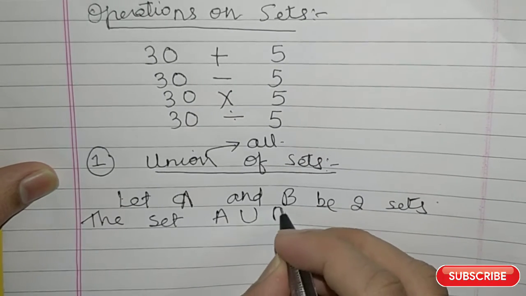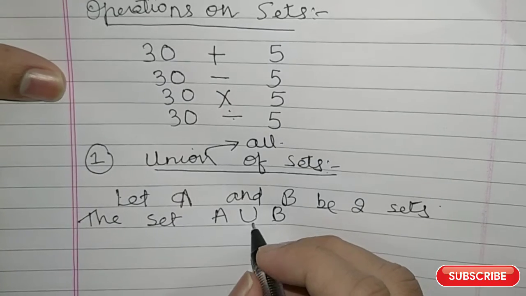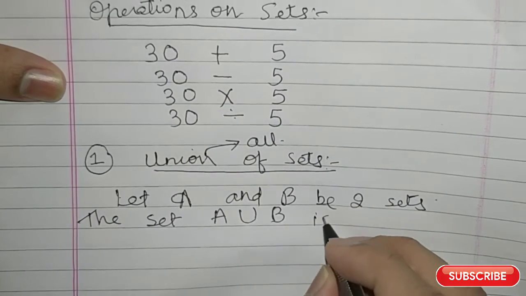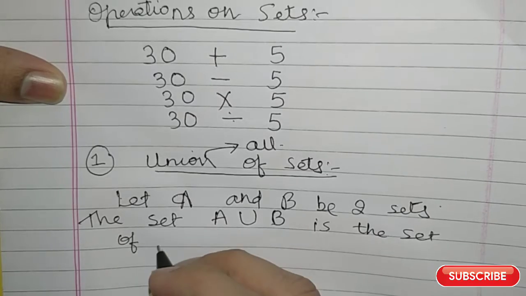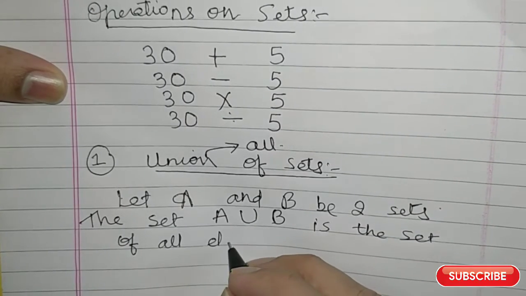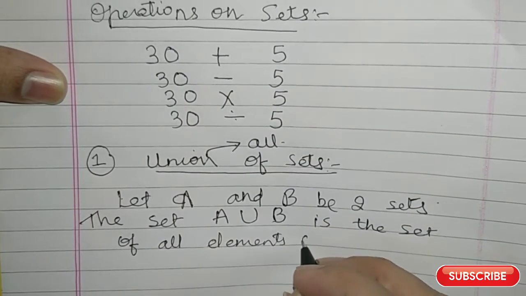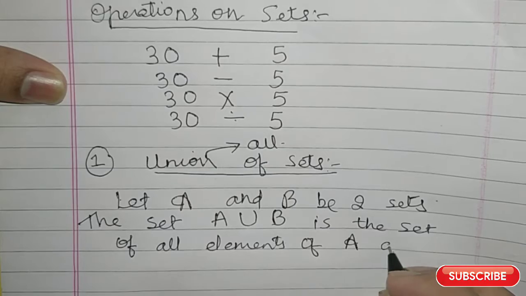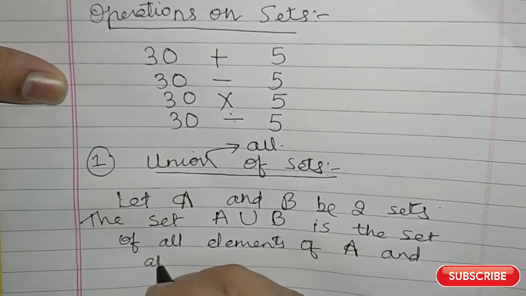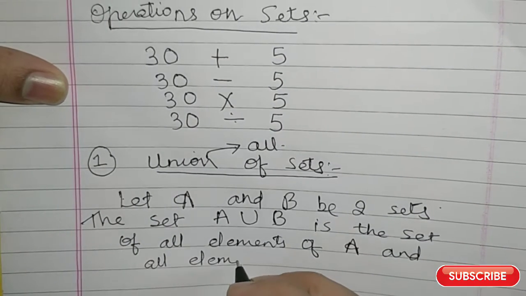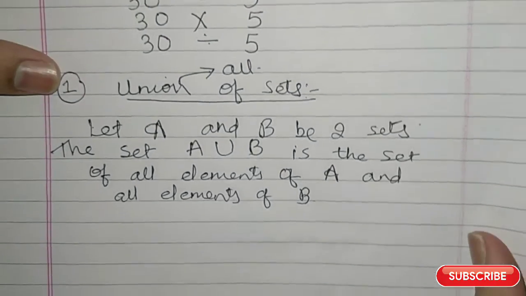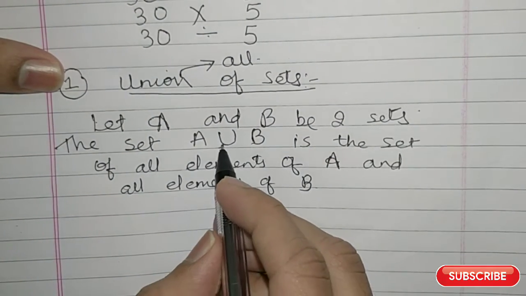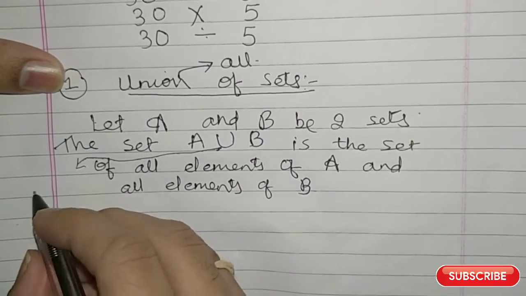So the set A union B, we denote union by this symbol, is the set of all elements of A and all elements of B. So this symbol is nothing but union.